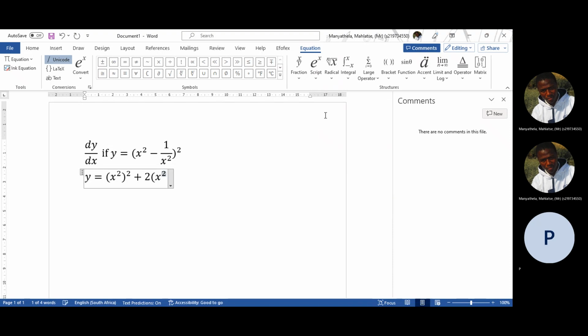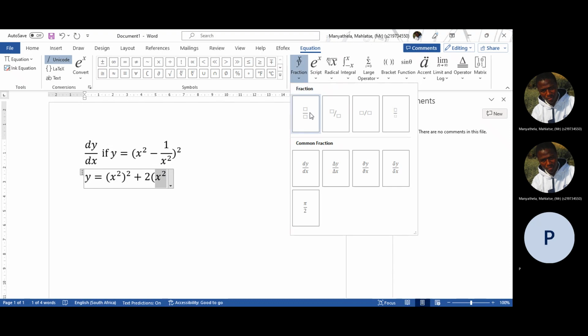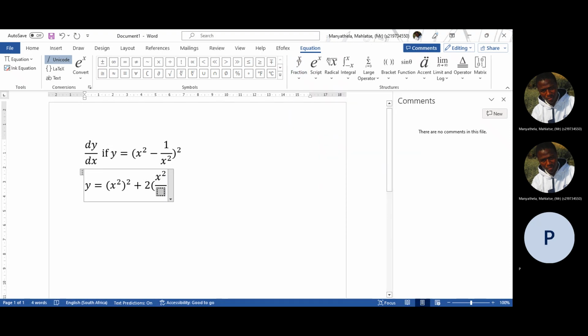Let me just write it as a fraction because the other term is a fraction. x squared over 1 multiplied by minus 1 over x squared. And then what is left for us is to square the last term, which is minus what?